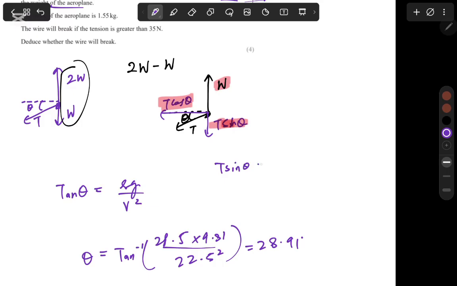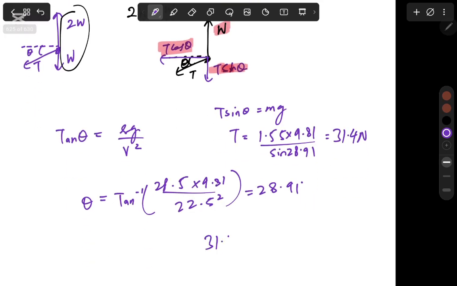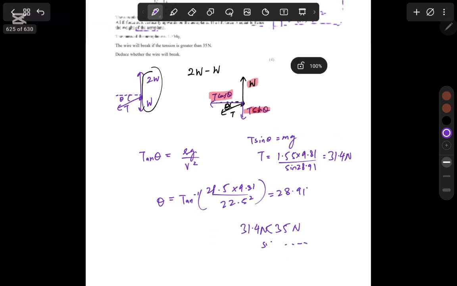So we're going to just plug it in here. So T is equal to mg, that's going to be 1.55 times 9.81 over sine 28.91. That's going to be 31.4 newtons. So 31.4 newtons is less than 35 newtons, so it is not going to break. Okay, you can write the conclusion down.